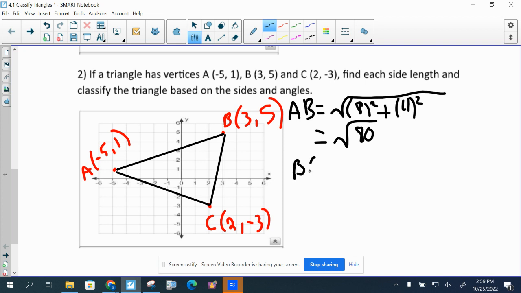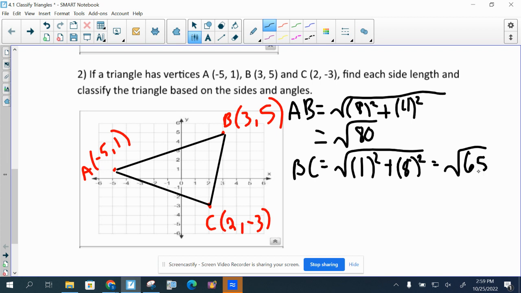So let's find BC. BC will be 2 minus 3, which is 1 squared, plus negative 3 minus 5, which is 8 squared. And then 1 and 64 make 65. So this is the square root of 65. And then lastly is AC.